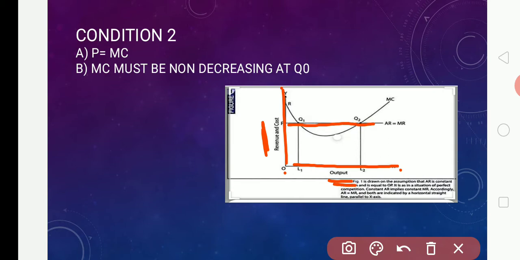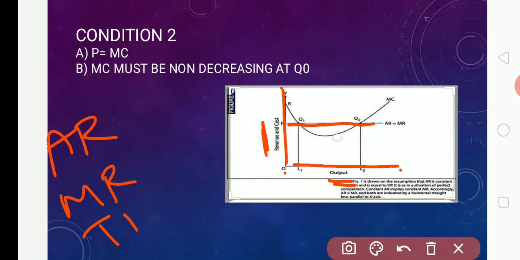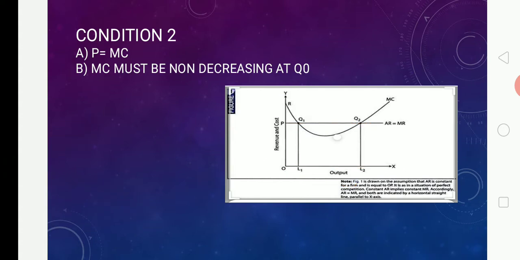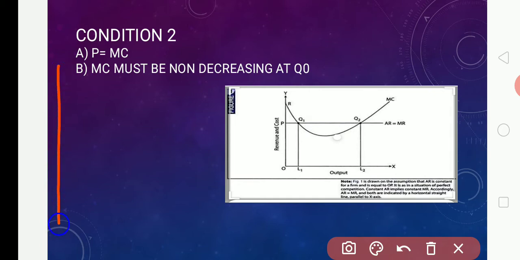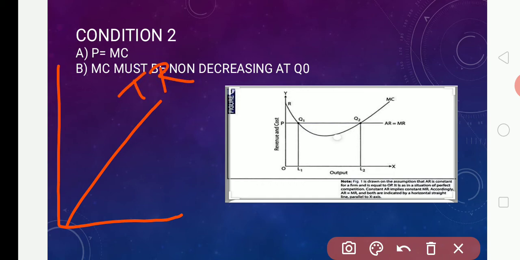Before this topic I explained a few revenue concepts in this chapter: average revenue, marginal revenue and total revenue, and also the curves. This is the total revenue curve.